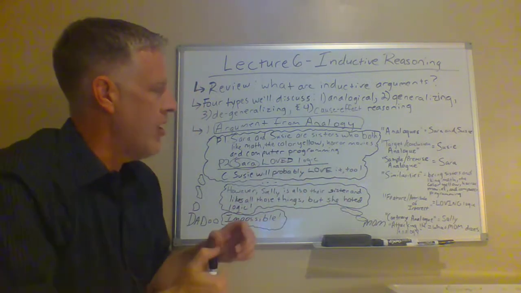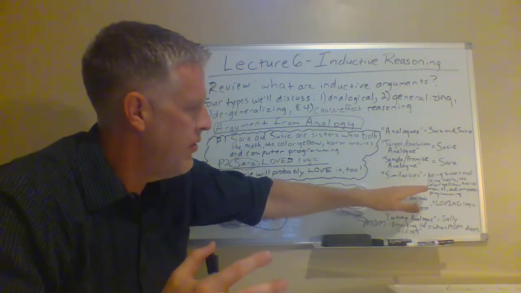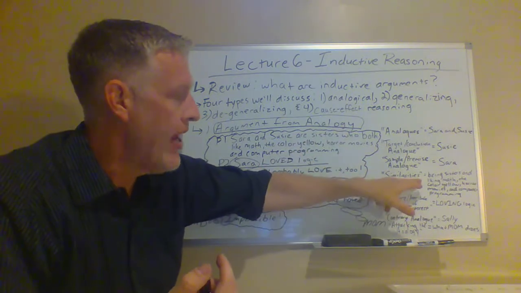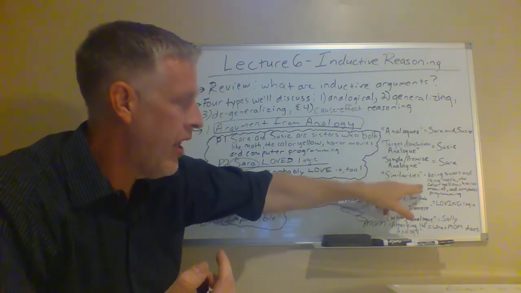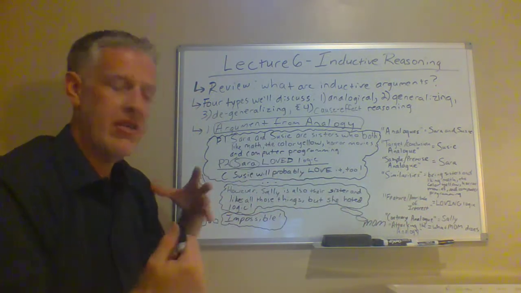Oh, by the way, the similarities. I think I went through them, but just to be clear, right? What are the similarities? Well, being sisters, that's something to have in common. Liking math, liking the color yellow, liking horror movies, and liking computer programming. They have all these things in common.